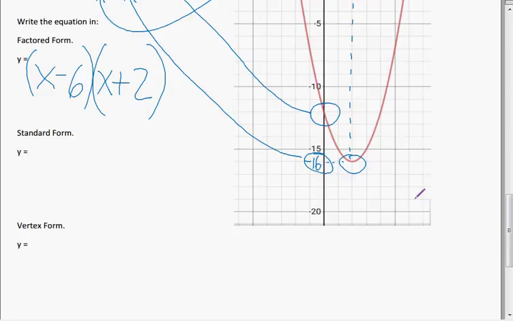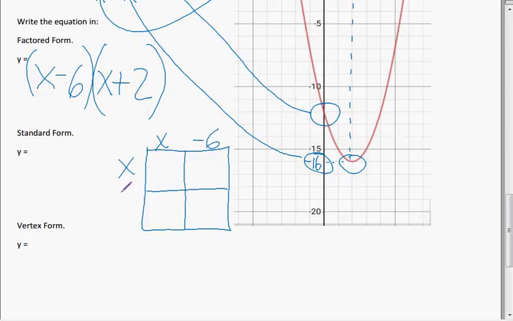Okay, you've had a chance to work on this now. Hopefully you did the area model. X times x is x squared, x times negative 6 is negative 6x. 2 times x is 2x, and 2 times negative 6 is negative 12.